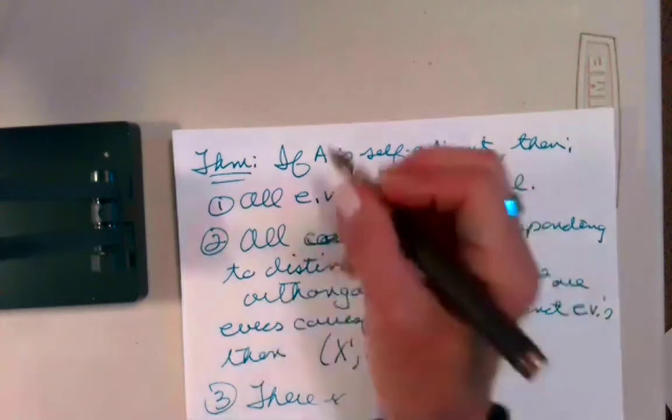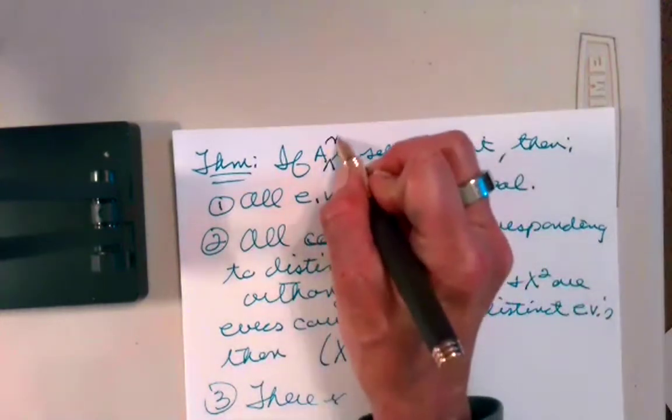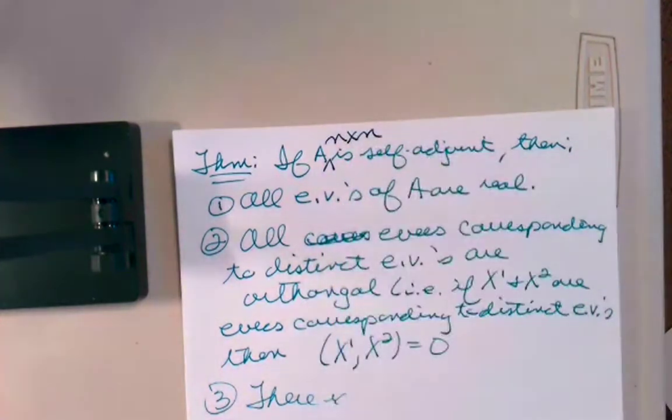So if A is n by n and self-adjoint, then there exist n linearly independent eigenvectors for A. Okay, so we call that a full set.